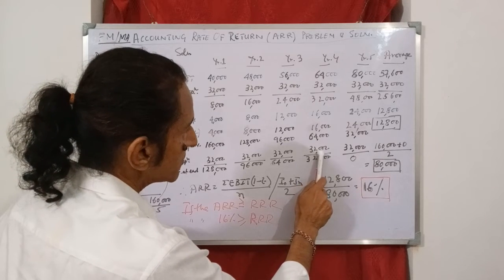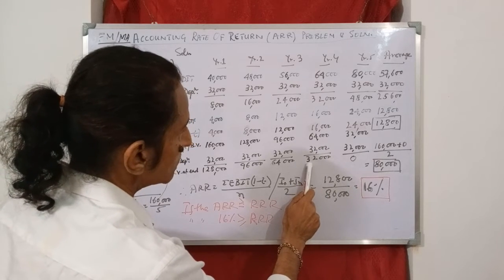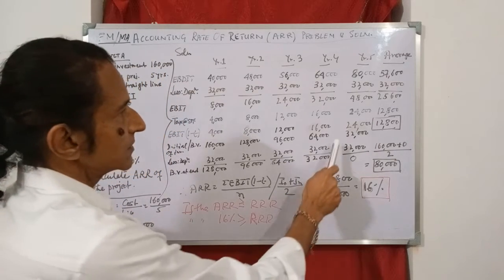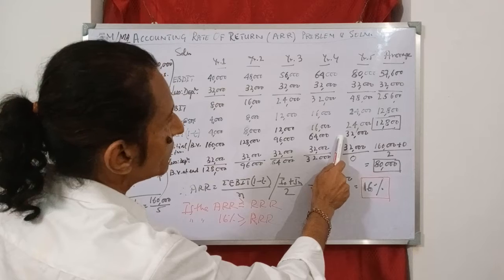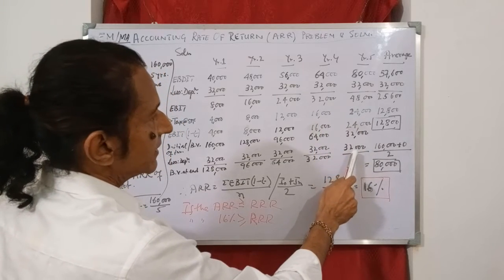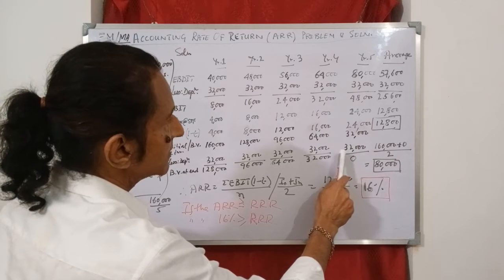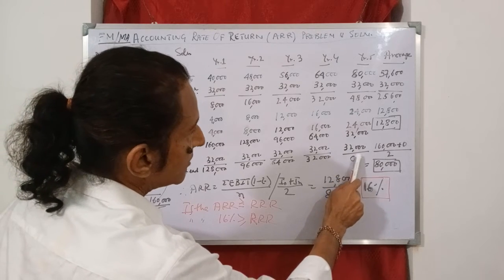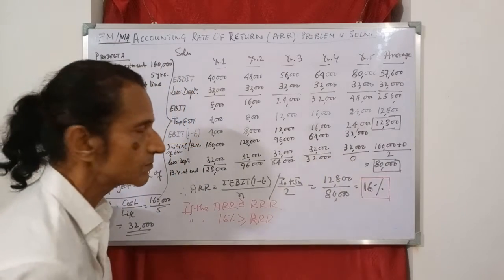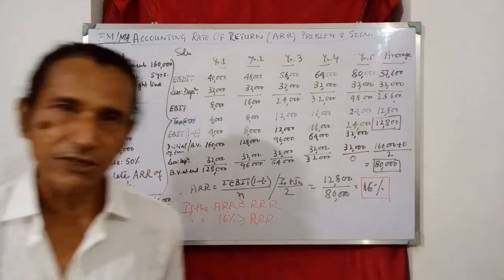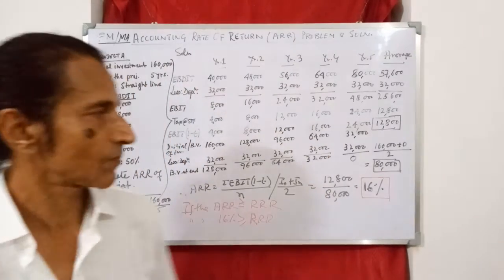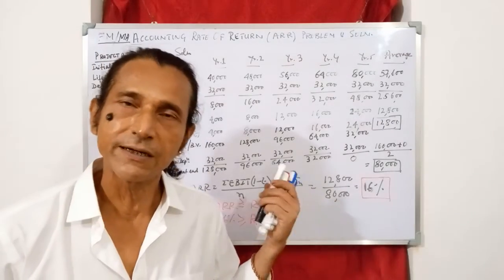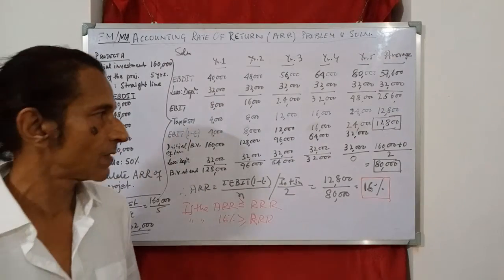Again deducted 32,000 depreciation, so the book value at the end of year 4 is 32,000. The book value at the beginning of year 5 is 32,000. Again we have deducted depreciation of 32,000, so the book value at the end of year 5 becomes 0. And it is assumed there is no salvage value, as it is not mentioned in the problem. If it is not mentioned, then assume there is no salvage value.